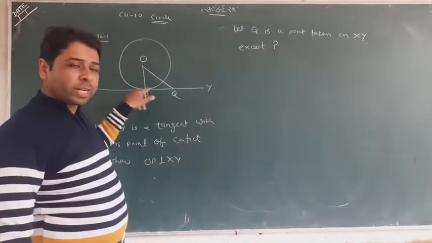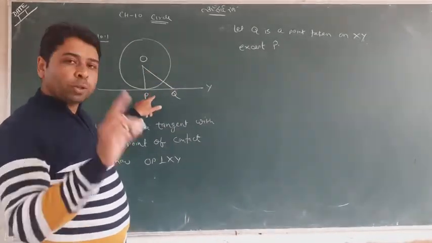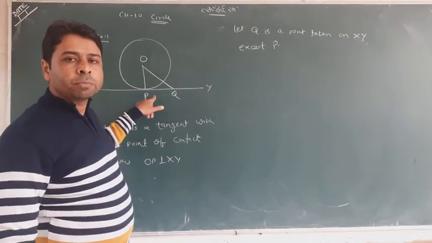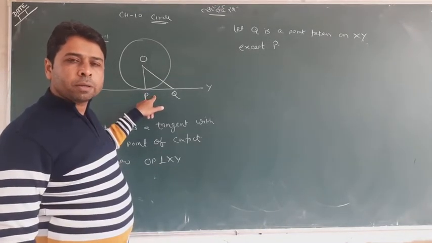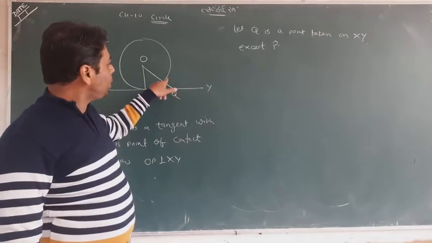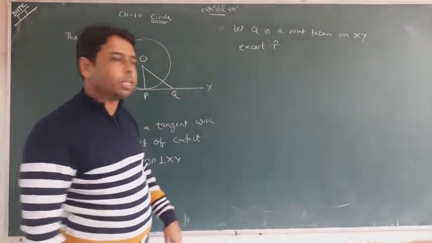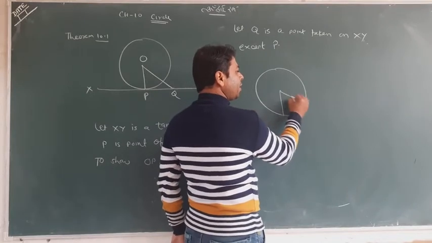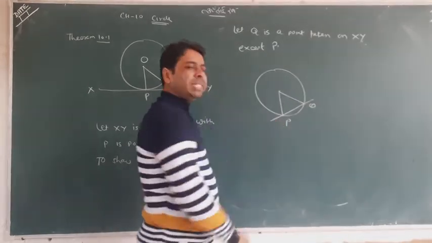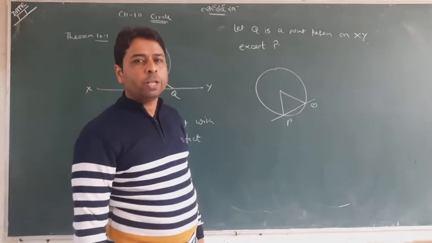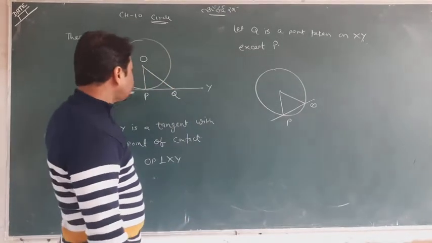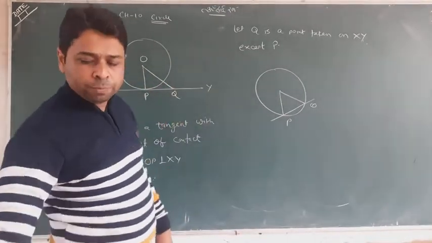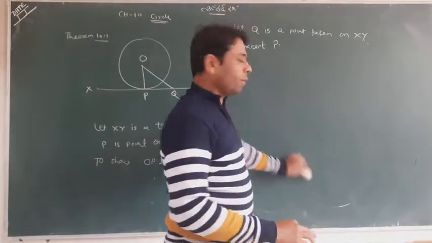Definitely Q will be outside of the circle because P is the only point which is on the circle. If Q were on the circle, PQ would not be a tangent. Can you see? If P is here and Q is also here, it would be a secant. It will not be a tangent.